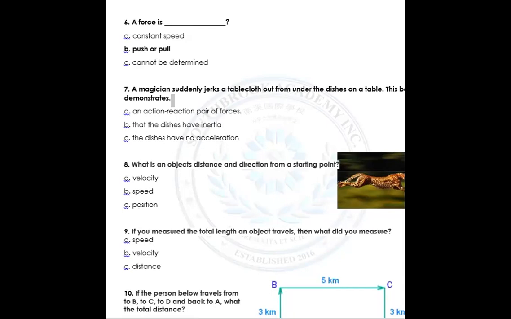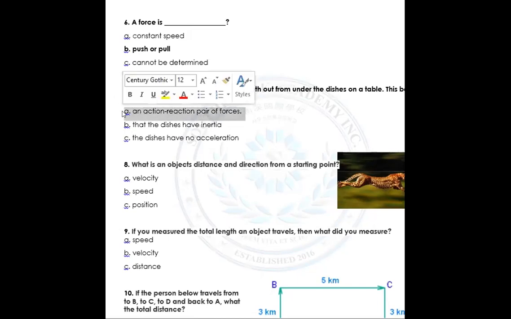Acceleration shows from slow to fast. Inertia is braking, stopping from a movement. So the best answer is letter B, that the dishes have inertia.